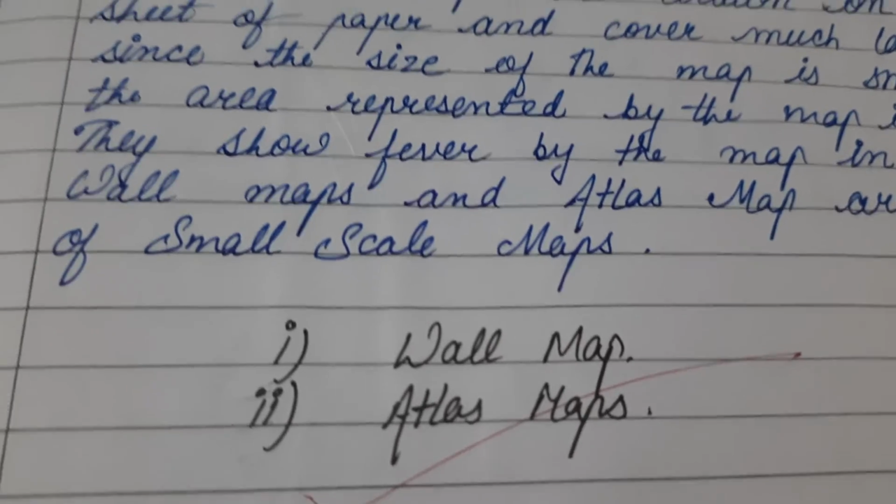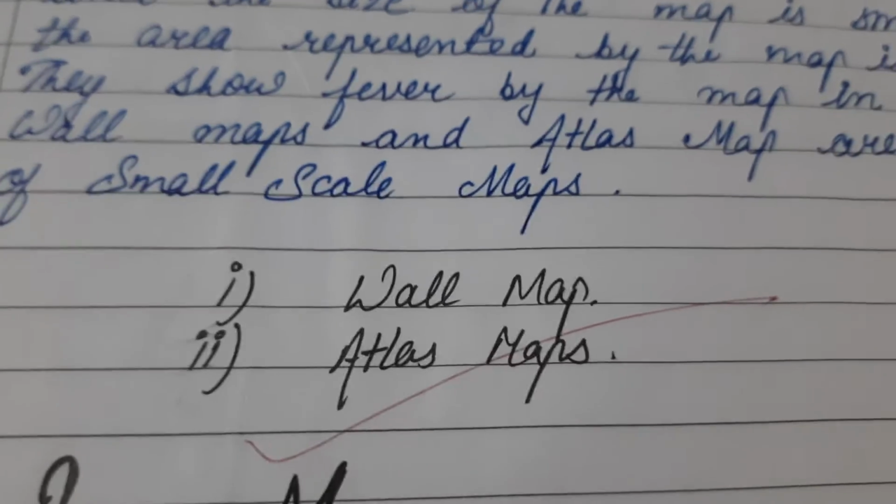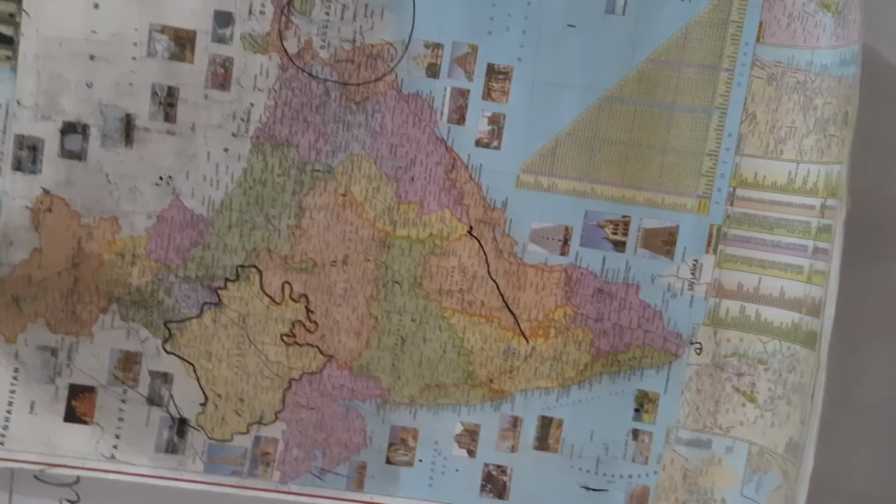They show this type of map in the wall map and atlas map. Like this is a wall map, which we use daily for representation. This is the wall map.